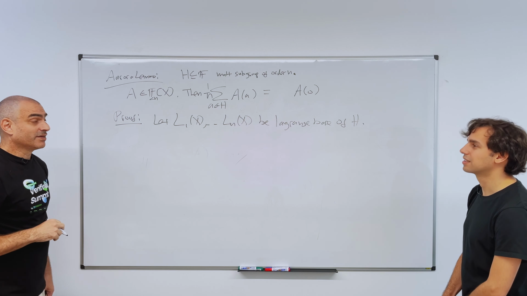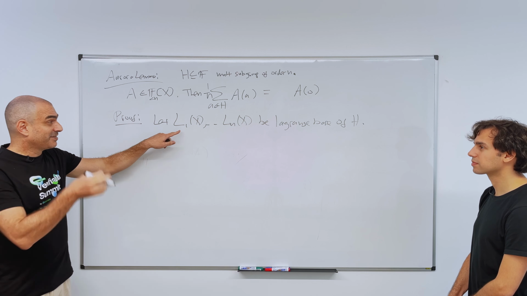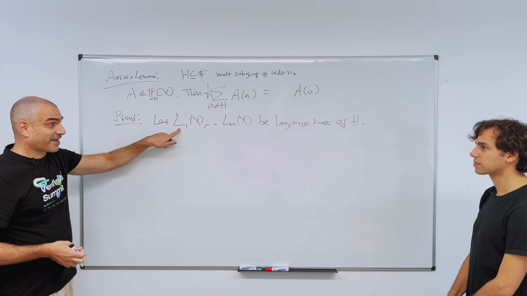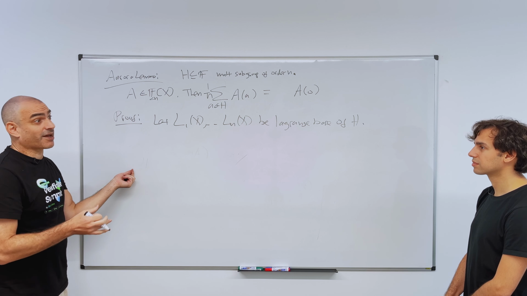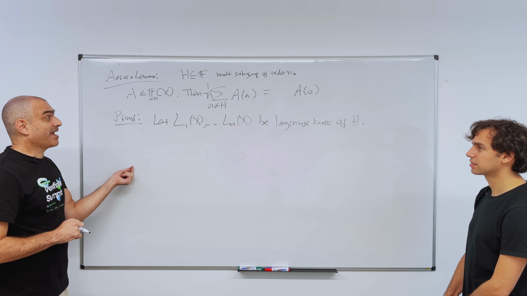These are simply the delta functions, as they're sometimes called. L_i(x) is simply the polynomial of degree smaller than n that is 1 on the ith point of H, g to the i, and 0 elsewhere in H.